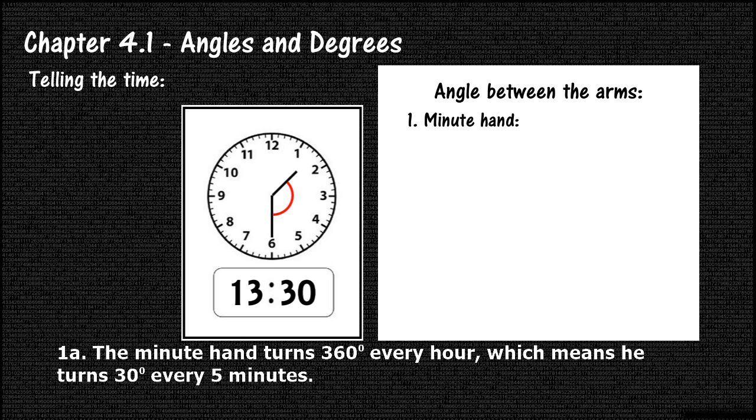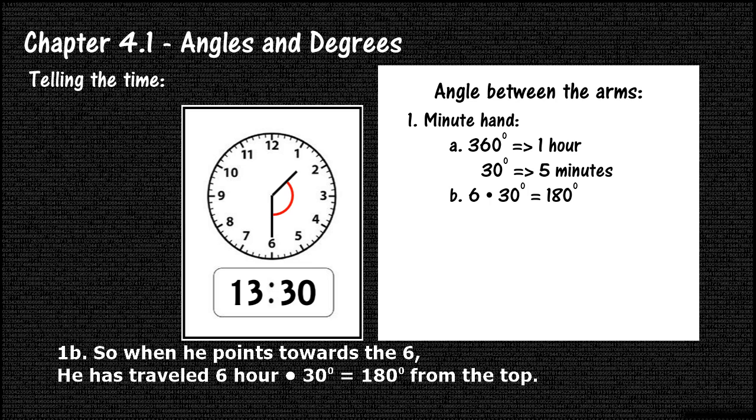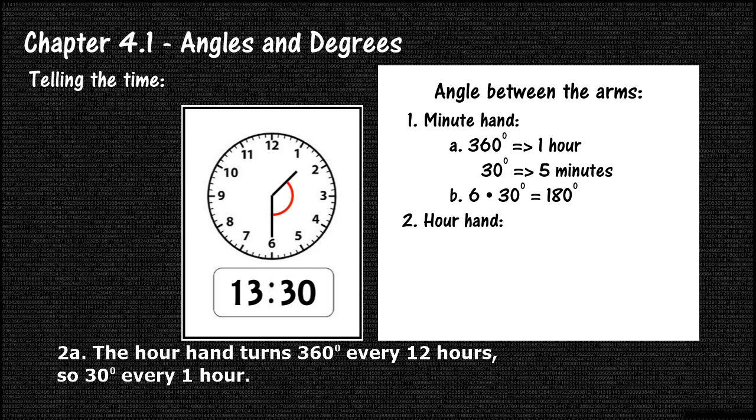The minute hand turns 360 degrees every hour, which means he turns 30 degrees every 5 minutes. So when he points towards the 6, he has traveled 6 times 30 is equal to 180 degrees from the top.